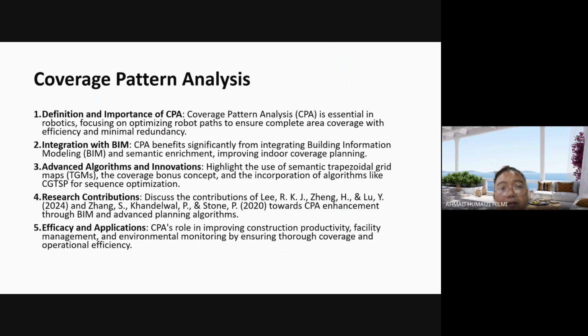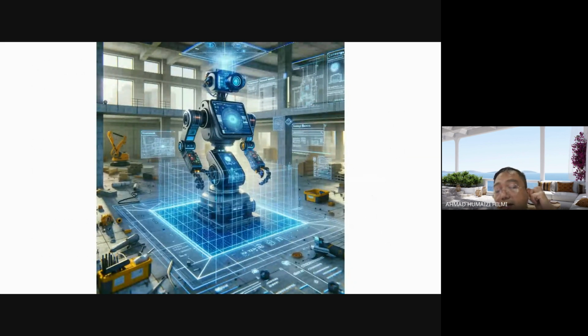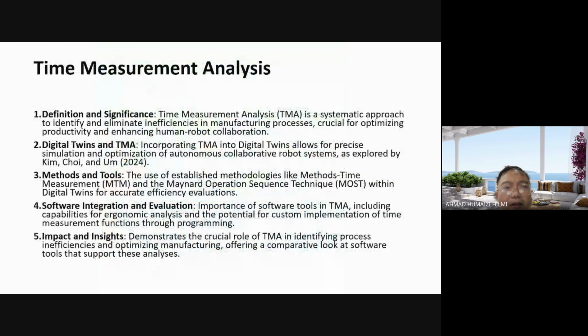So when the robot moves, it integrates with the building information modeling, and then it can move swiftly, because the robot will know where the door is, where the obstacle is, where the wall is and everything. This is called coverage pattern analysis. This is illustrated in a picture I generated using ChatGPT to make it available for you.